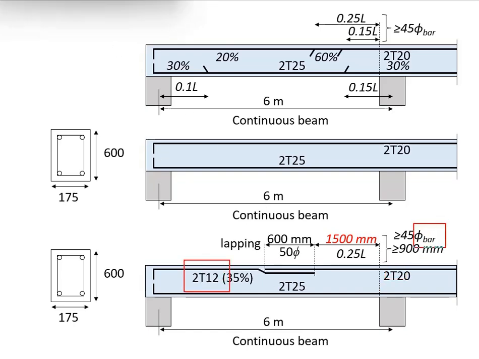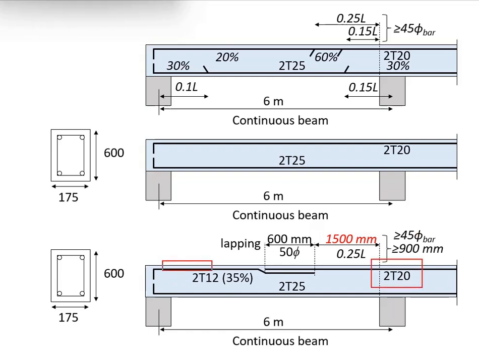T12 is not relevant to this. That gives you your bar diameter here, referring to T20. Ultimately, it will equal 900 mm. Choose the bigger value of the two. Then you know that the location here will be at 1.5 meters from the surface of the interior support.